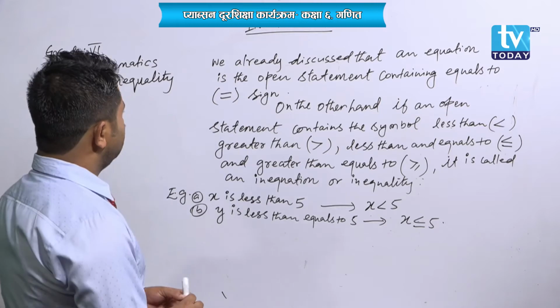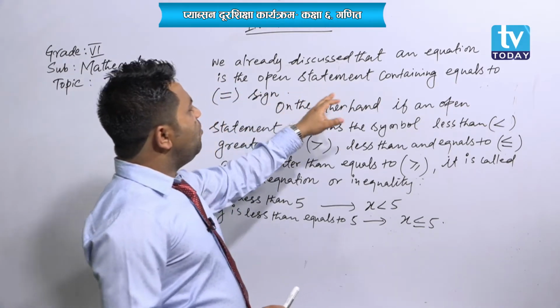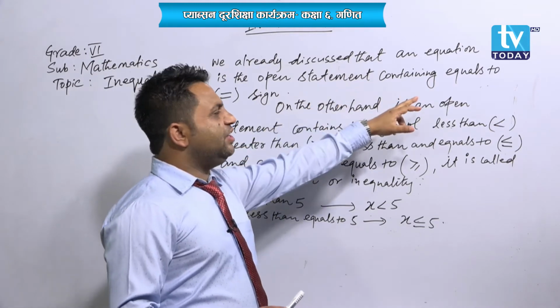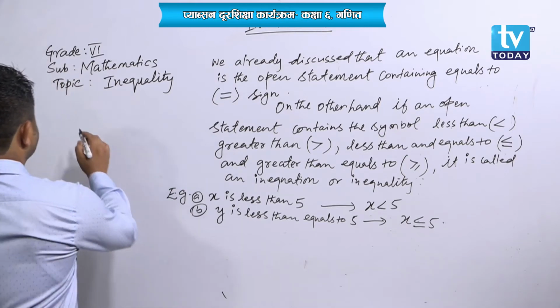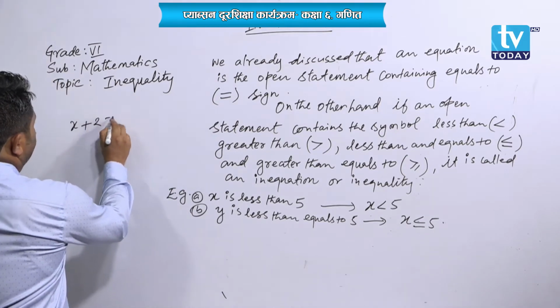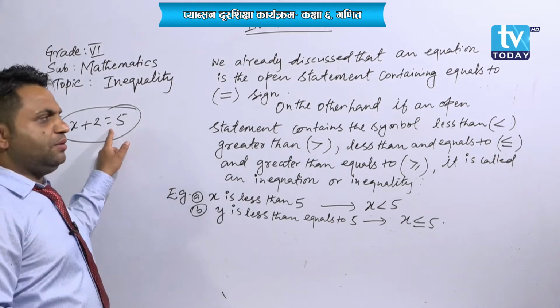Now please see here, we already discussed that an equation is the open statement containing equals to sign. Is that clear? Like x plus 2 equals to 5. This is an equation because there is equals to symbol.